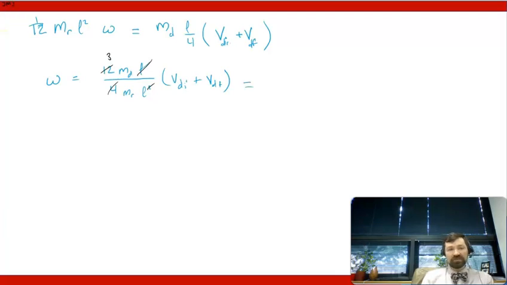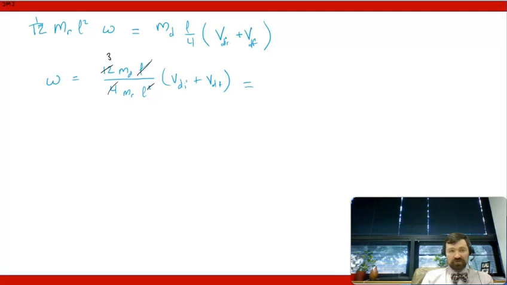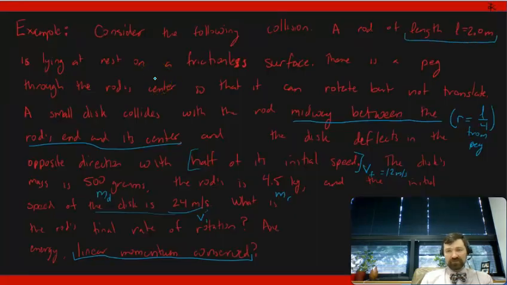And I can plug my numbers in, which I get from the paragraph in here. This would be mass disk. This would be mass rod. The half its initial speed is telling us that v final is 12 meters per second. The initial speed of the disk is v initial, 24 meters per second. And 2 meters is the length of the rod, which is given explicitly.